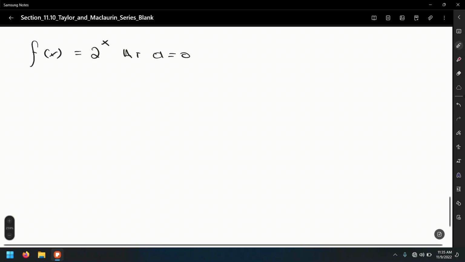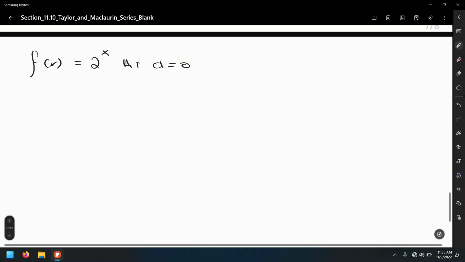Well, we don't have a power series representation for an exponential function whose base is different than e. We have one for e, but in this case, the trick is to turn this exponential function base a into a function base e.